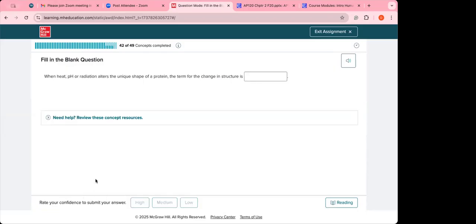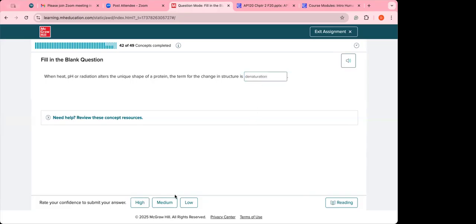All right. Next question. When heat or pH or radiation alters the unique shape of a protein, the term is denaturation.